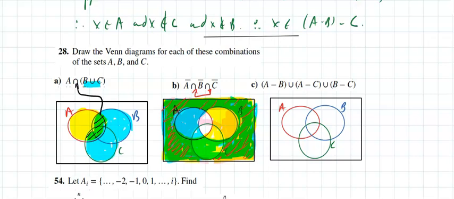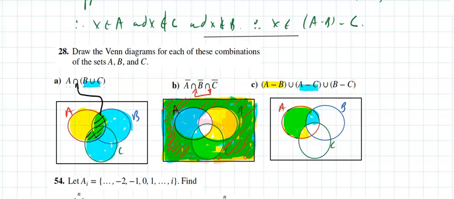Now, if we look at this set, A minus B. A is the red. I just want to take out B. If I take the set A minus C, A is the red, minus C, there, it's that set.